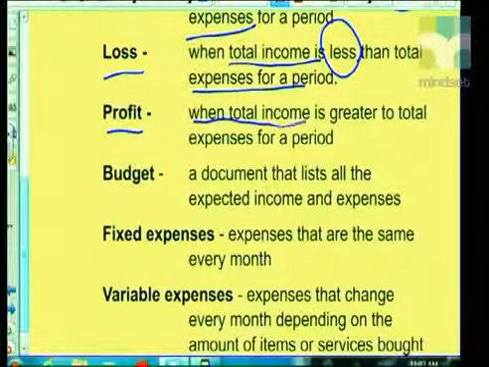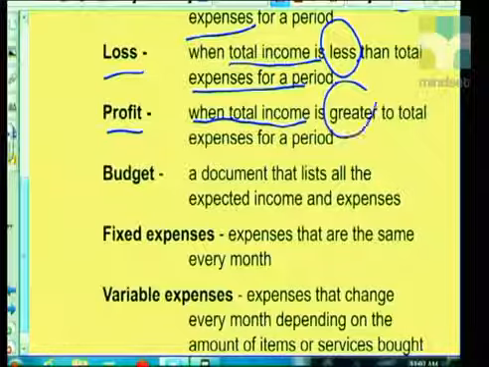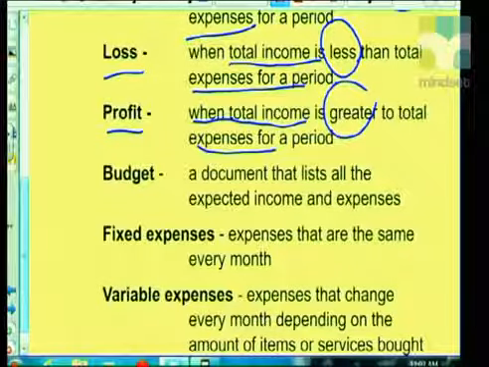So when the total income is bigger than the total expenses for a period. In simple terms, that means that the selling price of a set of goods will be greater than the cost price. And we'll be able to accumulate some profit.